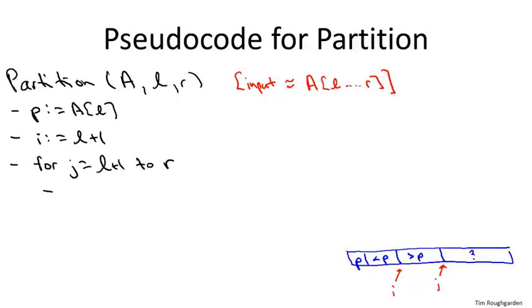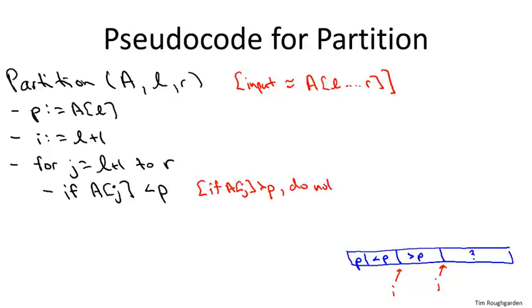And what we saw in the example is that there were 2 cases, depending on whether the newly seen element is bigger than the pivot or less than the pivot. The easy case is when it's bigger than the pivot. Then we essentially don't have to do anything. Remember, we didn't do any swaps, we didn't change I, the boundary didn't change. It was when the new element was less than the pivot that we had to do some work. So we're going to check that. Is the newly seen element, A[J], less than P?